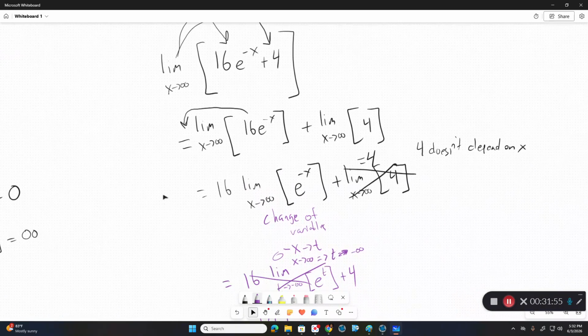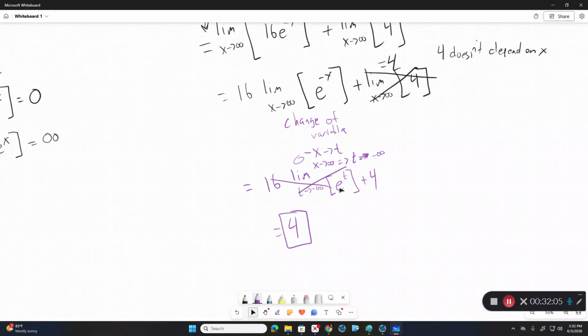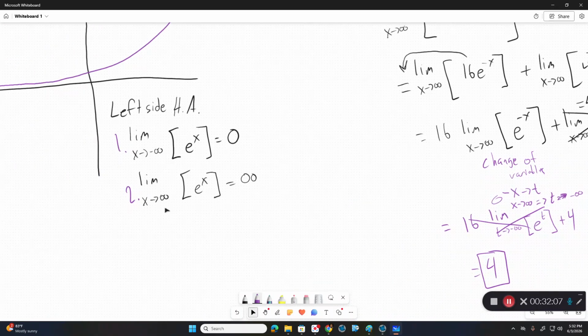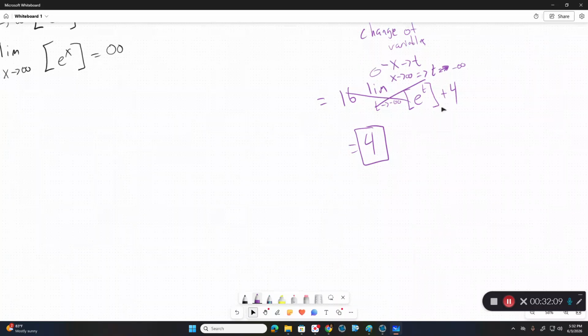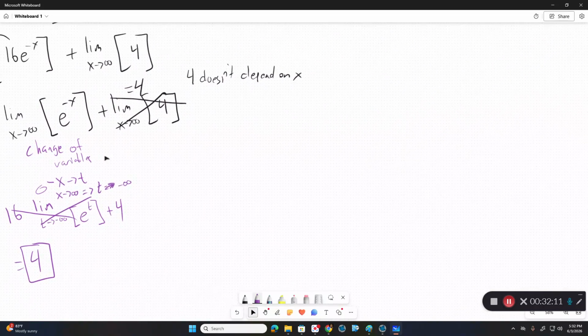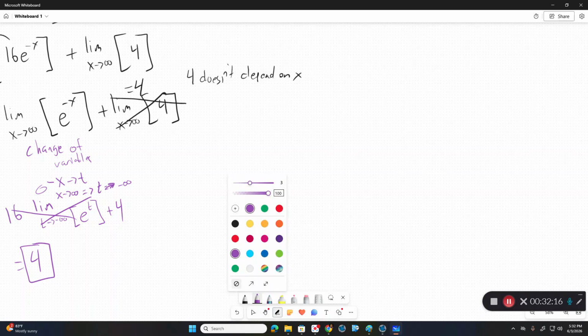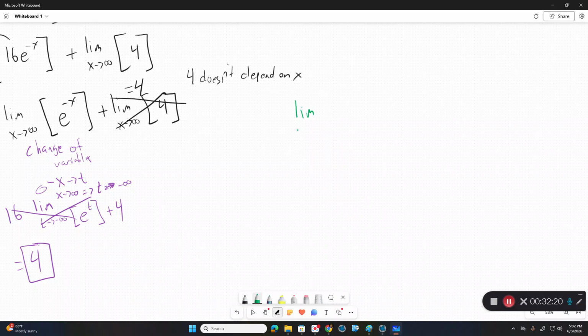So, a change of variables is kind of quick. It's simple enough as long as you remind yourselves. And I always like to turn whatever's inside the limit back into e to the x, just so that I can always compare it to here. And even if you have something like, let's say, just as an example, what is the limit as x approaches infinity of e to the negative 14x?